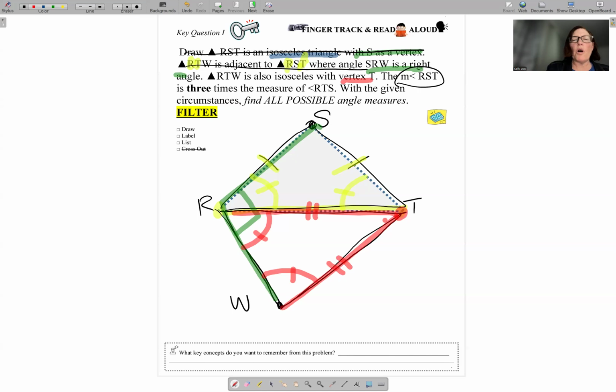The measure of RST, so you trace it, RST, that's this angle, is 3 times the measure of RTS. So that's a 3x and an x relationship. Your goal is to find all possible angles.